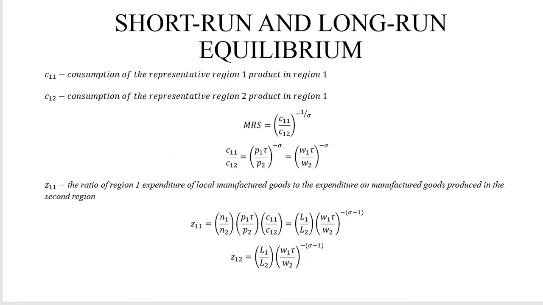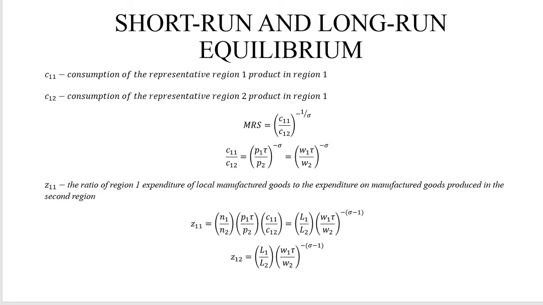Okay, so we assume that C11 stands for consumption of the representative product produced in region 1 in region 1, and C12 stands for consumption of the representative region 2 product in region 1. So basically region 2 serves as the adjective in this case.